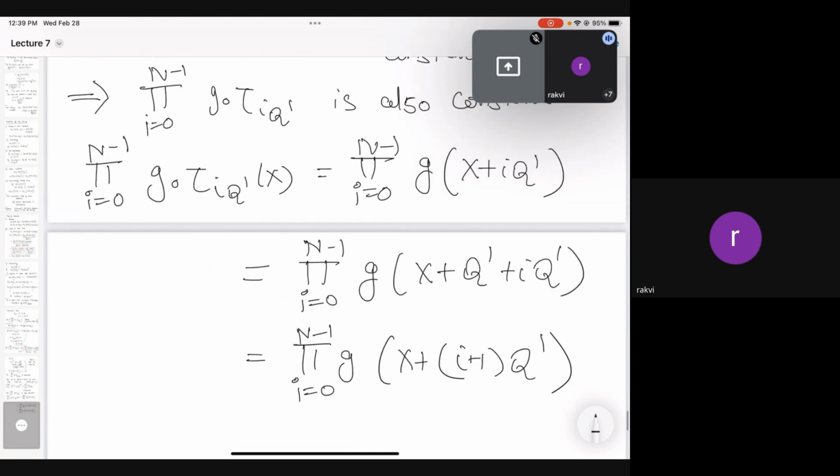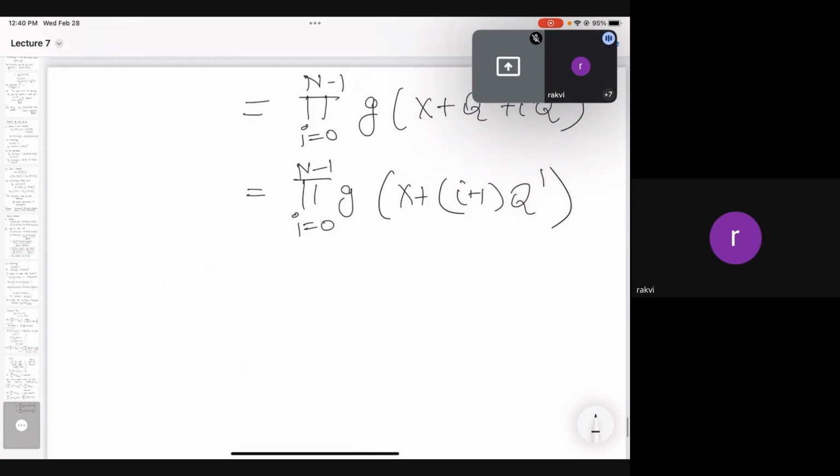So you can see on both sides we have products varying over i, but there are bound to be a lot of cancellations. So after cancellations, we'll be left with exactly one term on the left hand side and one term on the right hand side.